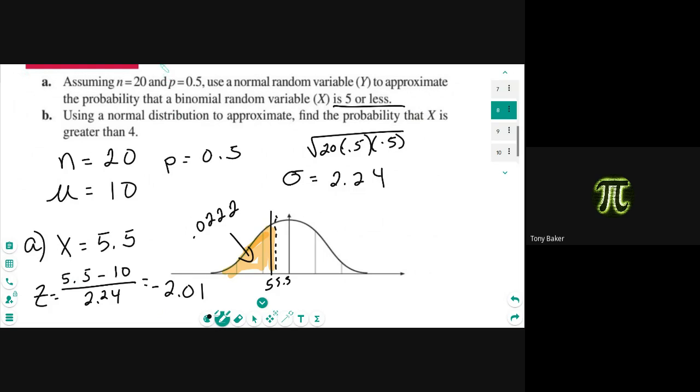All right. So what's the? Oh, sorry. Actually, we just found out. So 0.0222. We should have gotten. All right. Yeah, I'm going to skip that.